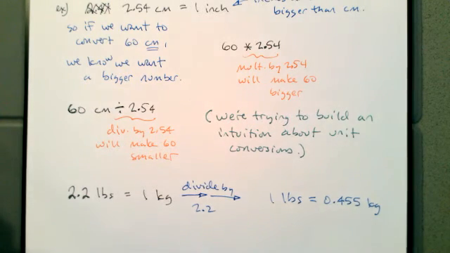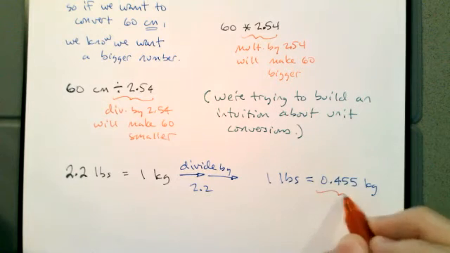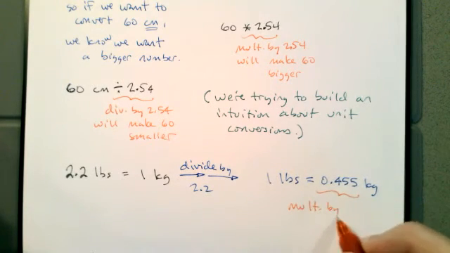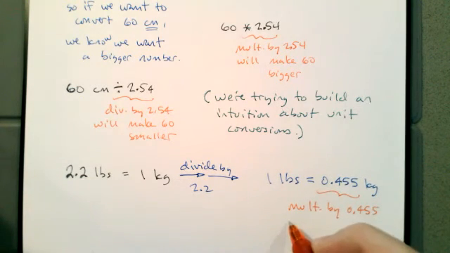Now, what we should note here is our conversion number is now smaller than 1. So if we multiply by 0.455, we make things smaller.